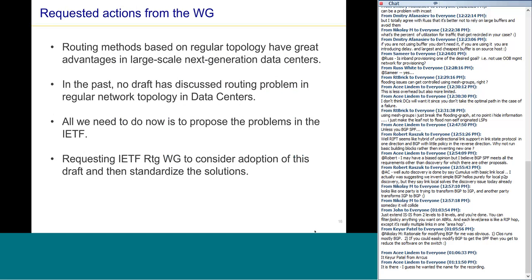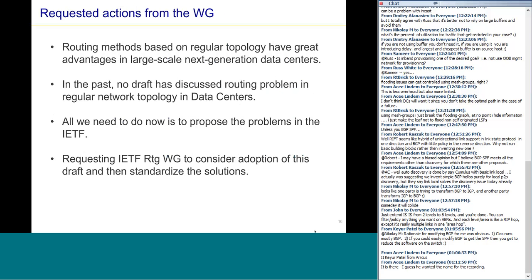So the next action is routing. This draft has addressed the routing method based on regular topology, which has advantages for large scale next generation data centers, which need massive scalability. No other draft in the past has addressed this problem in regular network topology in data centers.